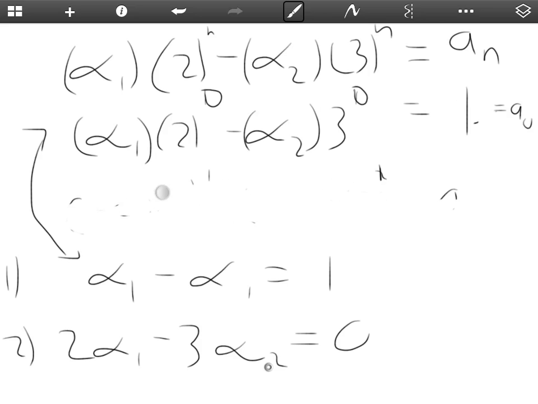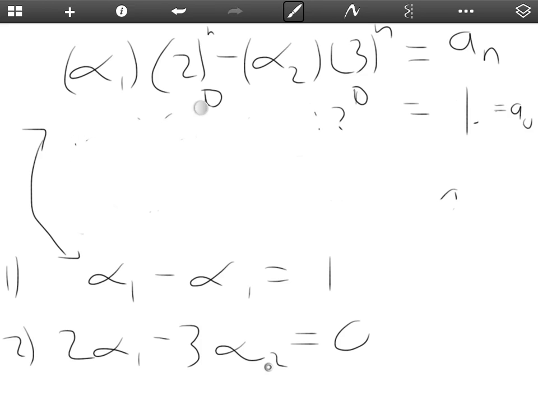Could I get a bigger eraser, please? Right, that should be enough room, more or less. And so I'm going to subtract equation 2 from 2 times equation 1, and that's going to look like this.